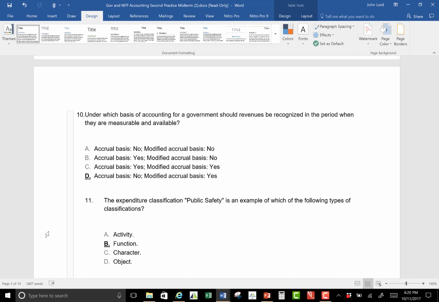When we're dealing with full accrual, we only worry about eligibility and time, although we also worry about those for modified accrual. We don't get into worrying about timing of collection, excuse me. So if we're dealing with the accrual basis, measurable and available is not relevant, right?